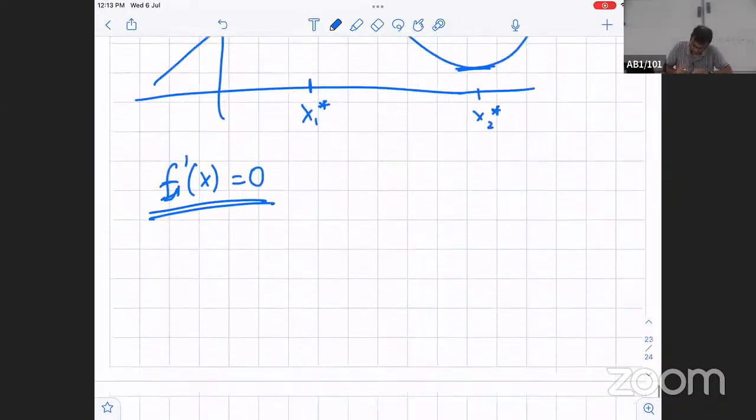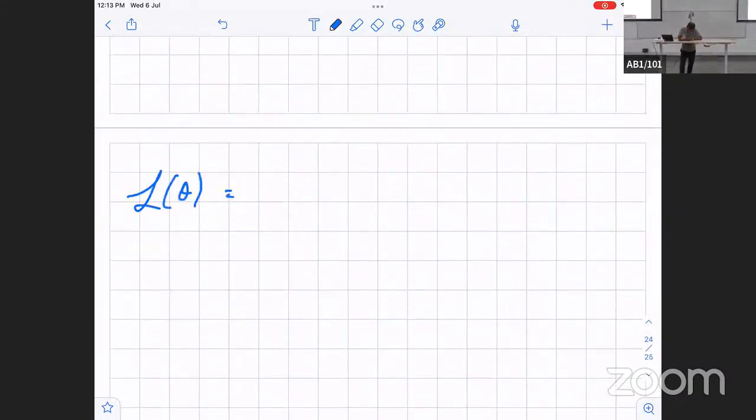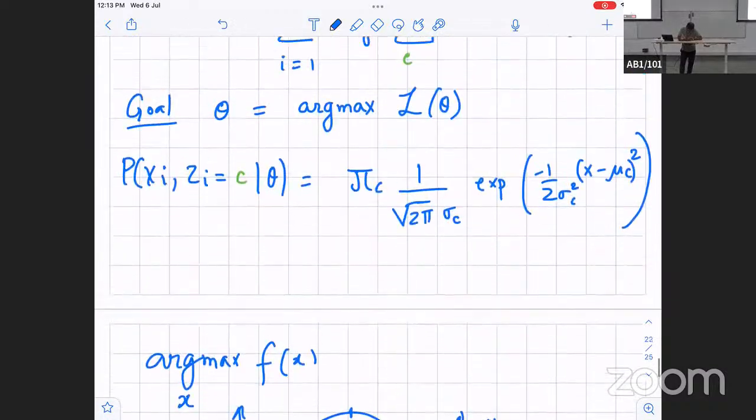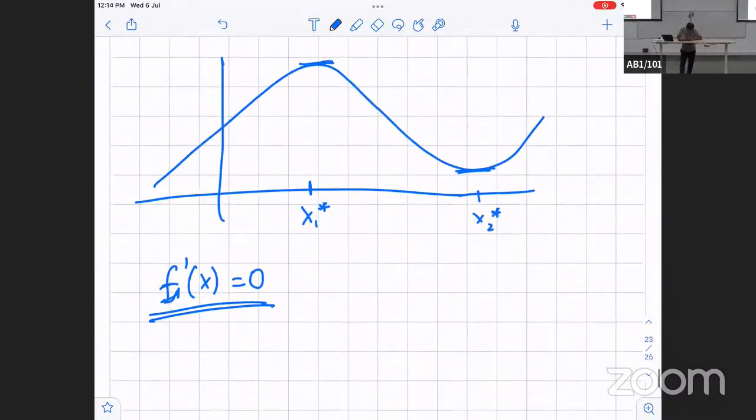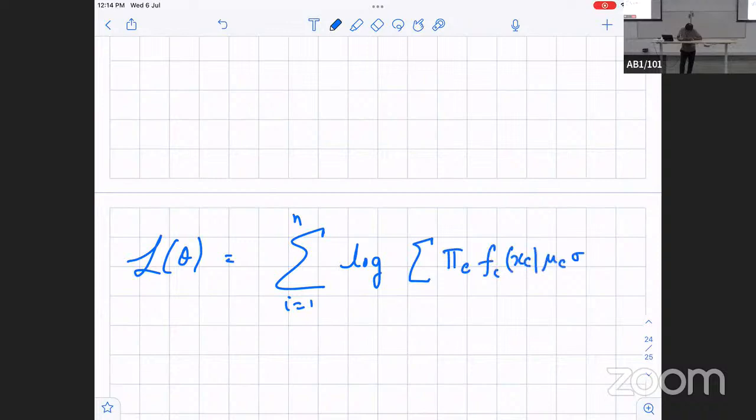So let's just do that very quickly. L of theta is the summation of pi c f c given x c, mu c, sigma c.